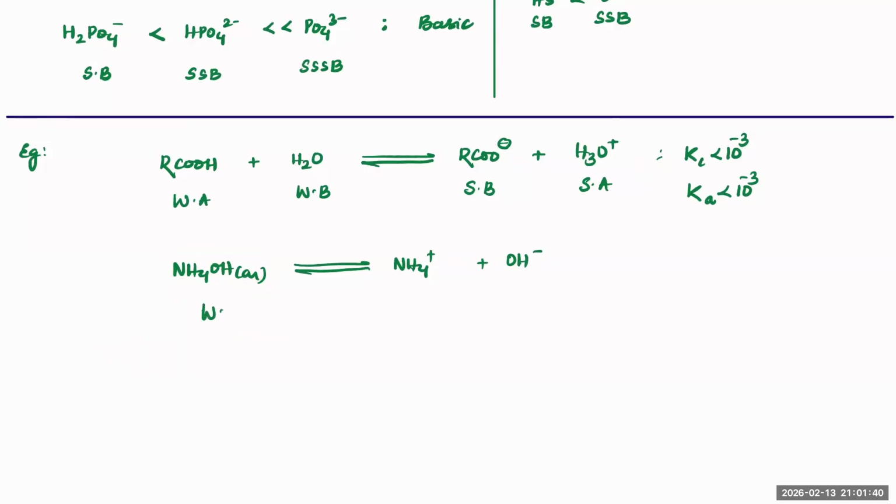So this is a weak base which is giving a strong conjugate acid, and this is a strong base. That also suggests that Kb, which is called the ionization constant of a base, will also be less than 10 raised to the power of minus 3. That's the reason, guys, whenever we have weak acids and weak bases, we say they exist in equilibrium and the equilibrium is always on the reactant side.